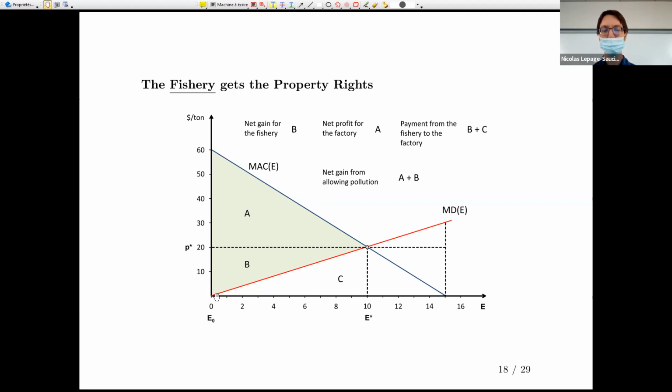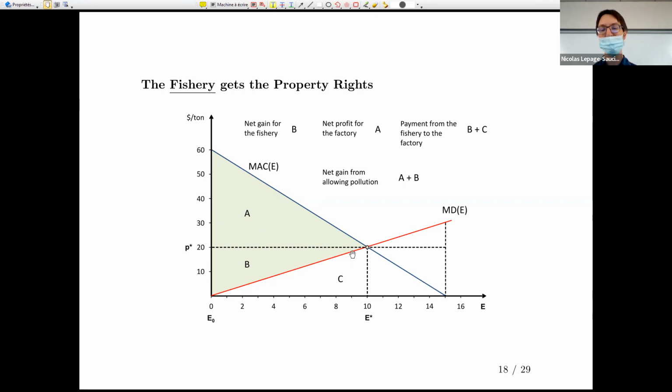So the river owner knows that this is the marginal cost incurred per unit that they allow to be emitted, and this is the amount of money they're going to get. But you can also choose the market price. You can also pick the best price possible for you.